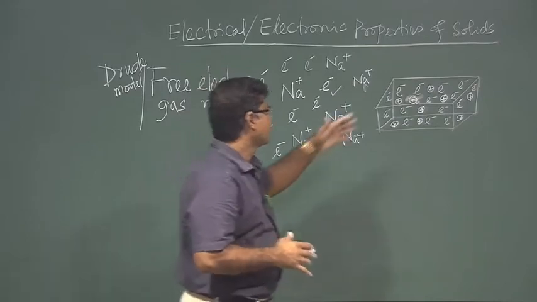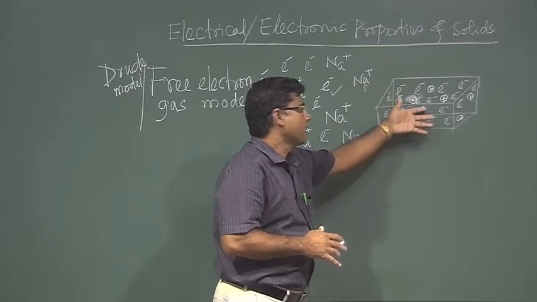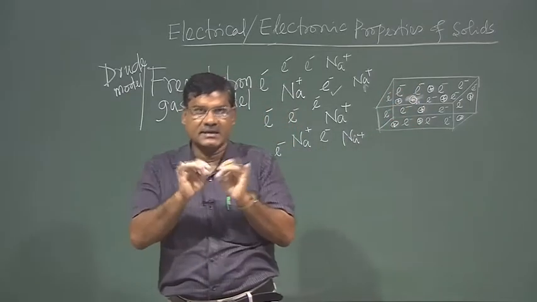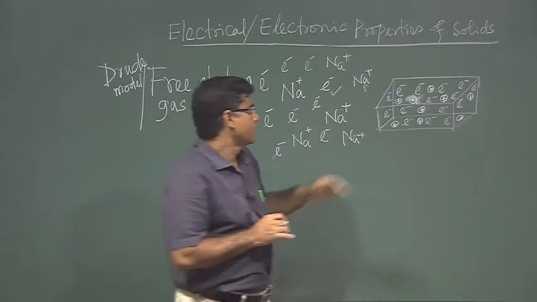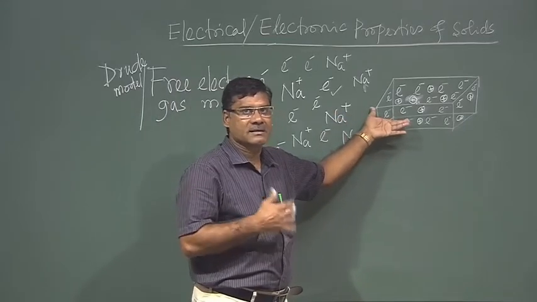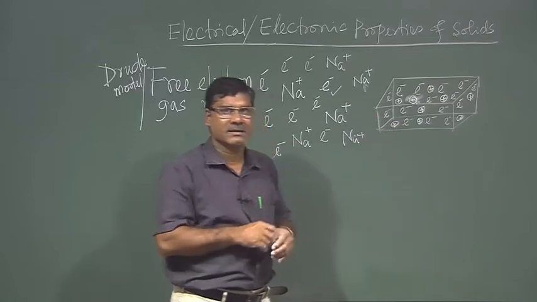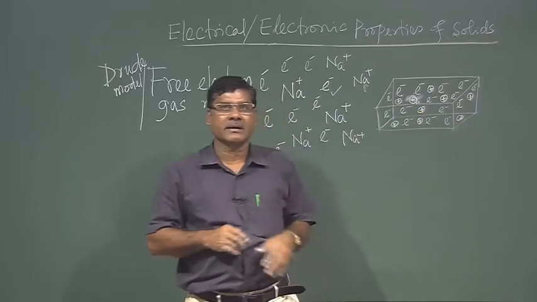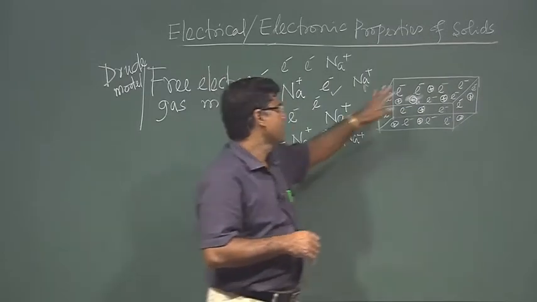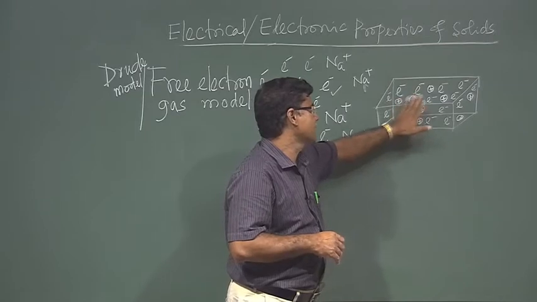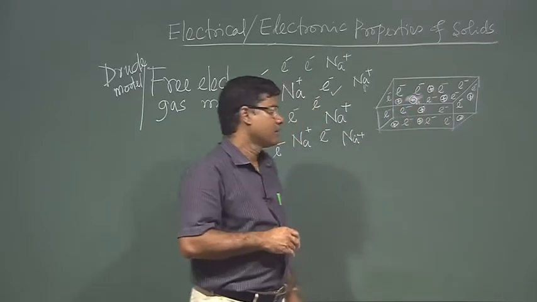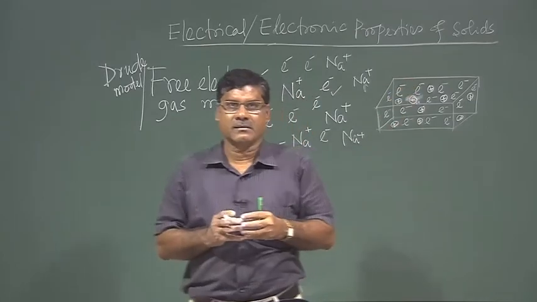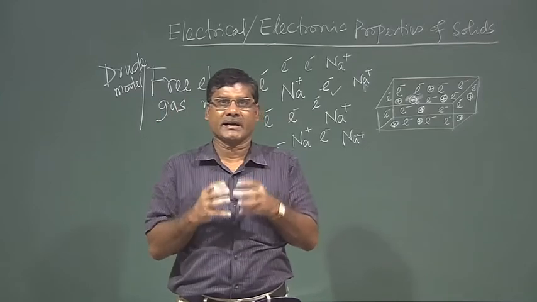Both are there, electrons and ions. Ions are fixed in the sites according to the lattice structure. Now, these electrons are free, there is no interaction with these ions, that is ignored.